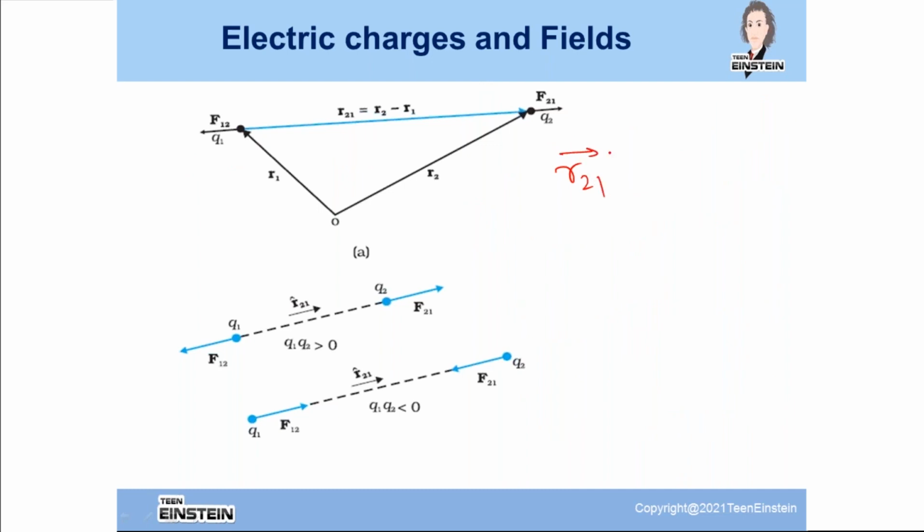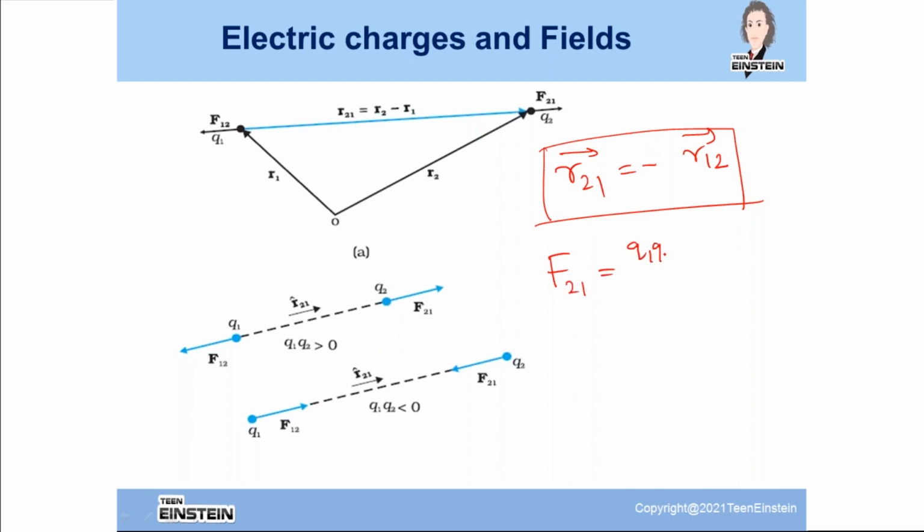So basically R21 vector is equal to minus R12 vector. You can understand that these two unit vectors are in two opposite directions, that means they are repelling each other.